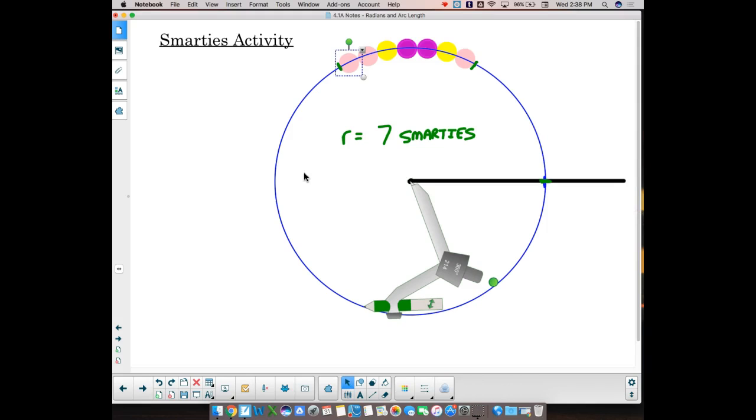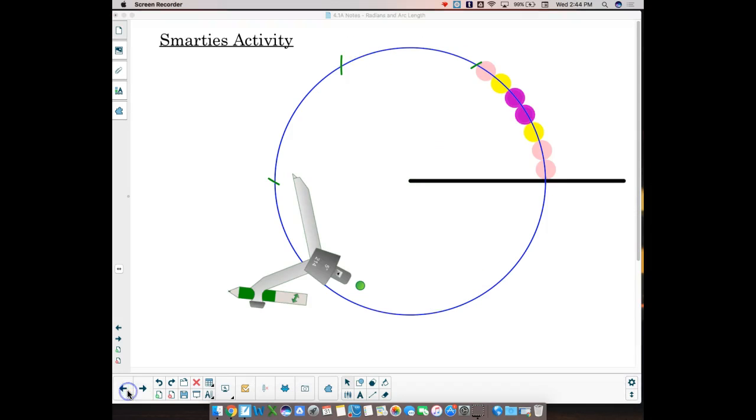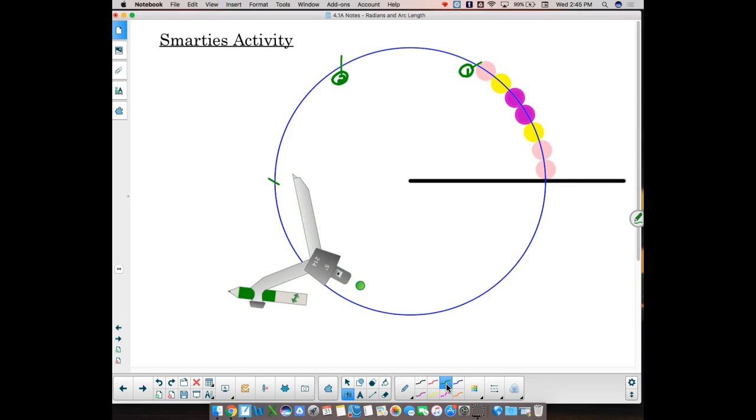Okay? Go all the way around your circle. So, you should have gotten all the way around the circle, right? There should be one tick mark there, and then another one there, and then another one there, and then another one down in, oh, let me get rid of this.